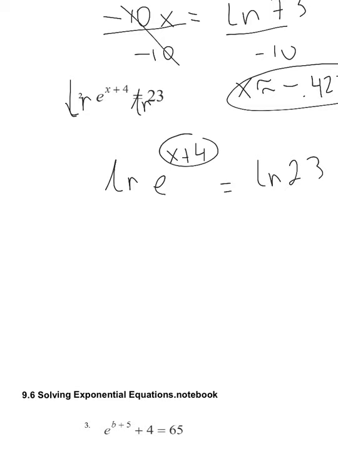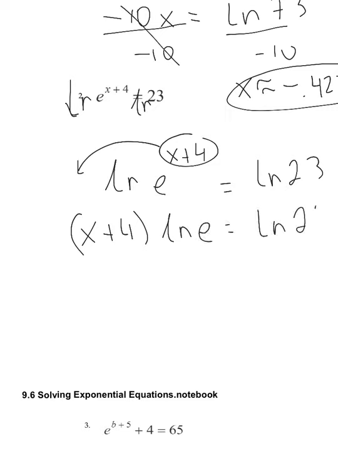Just like before, this goes in the front, so you get x plus 4, but you have to put it in parentheses, times ln e equals ln 23. This ln e is equal to 1, because this means e to what power equals e. So you get x plus 4 is equal to ln 23.